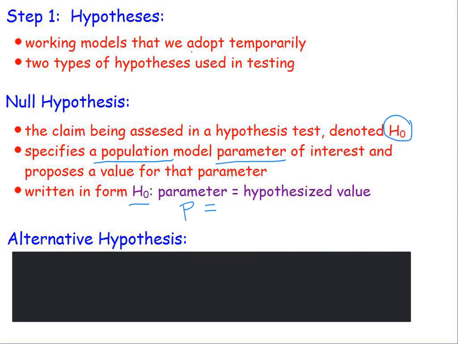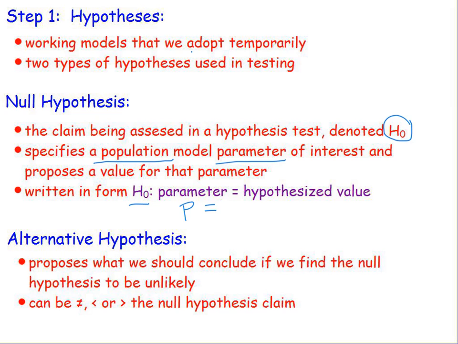Then we have the alternative hypothesis. This is what we think has changed. This is what we propose, what we should conclude if we find the null hypothesis to be unlikely. So this is going to be specific to the problem. It can be one of three different types. It can be a not equal to, it can be a less than, or it can be a greater than.